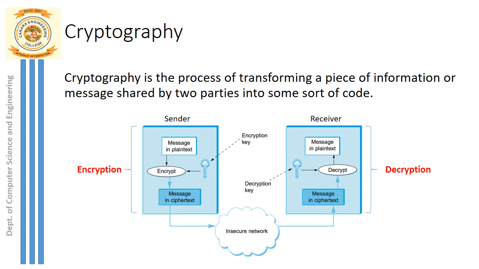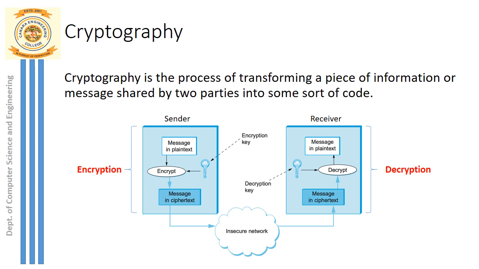Cryptography. The definition of cryptography says that it is the process of transforming a piece of information or a message shared by two parties into some sort of code. We will discuss this with an example block diagram.